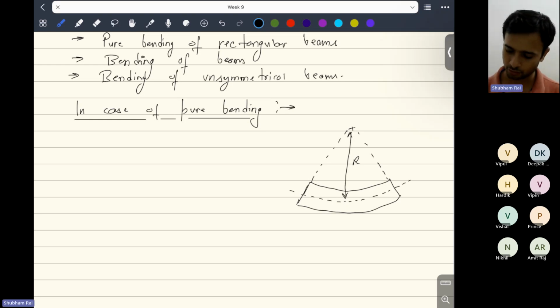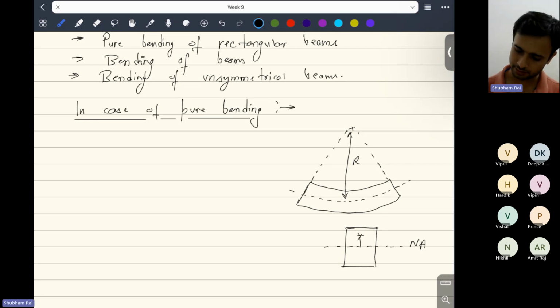I'm saying that let's say the cross section of the beam is rectangular. The beam has this kind of cross section. So this will be the neutral axis. And this is any point which is at a distance of y from the neutral axis.